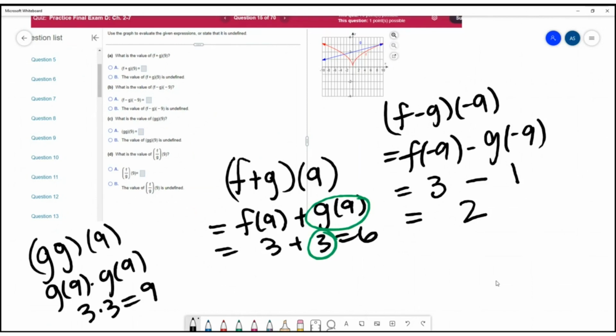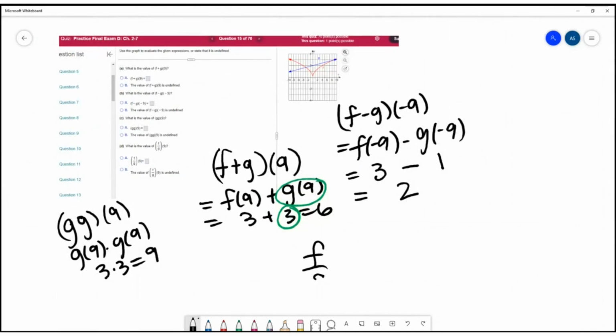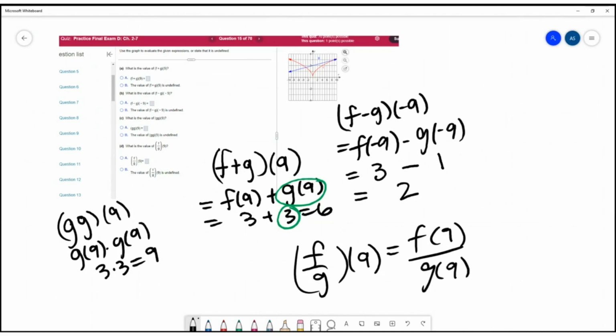And then the last one is our division, and we want to find f over g of 9. That's f of 9 over g of 9. We found earlier that f of 9 was 3 and that g of 9 was 3. So we can do 3 over 3, which is 1.